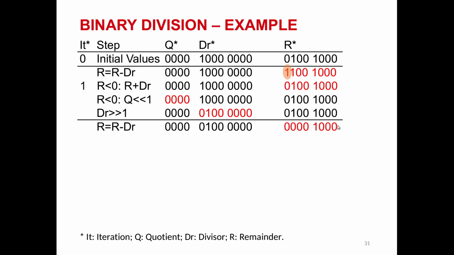So the result for R minus dr here will be 0 0 0 0 1 0 0 0, and if we look into the sign bit here, it is 0. It implies that the result is larger than or equal with 0, and with that we don't need to reverse this value into the previous one.